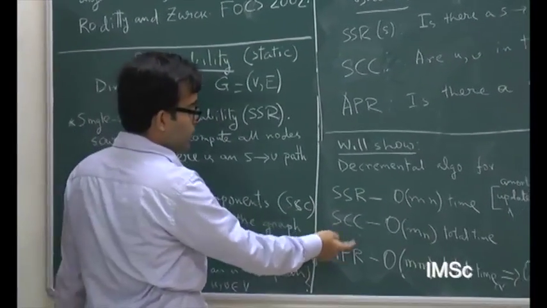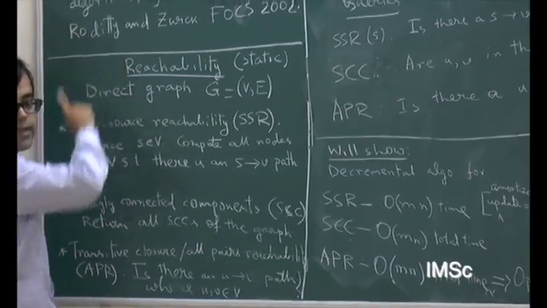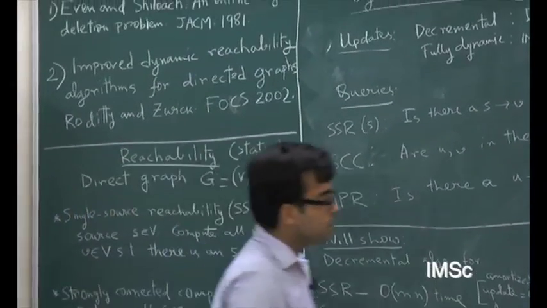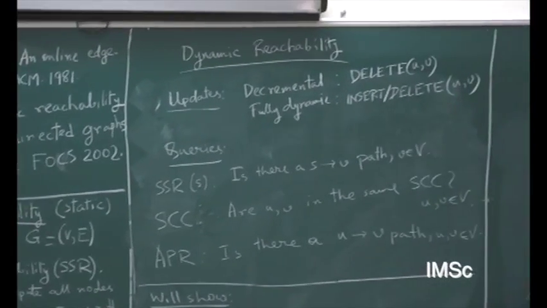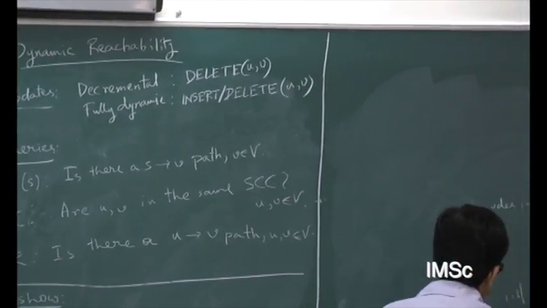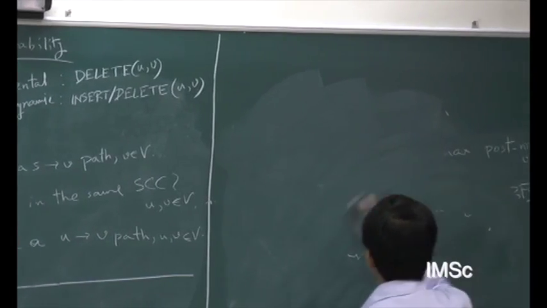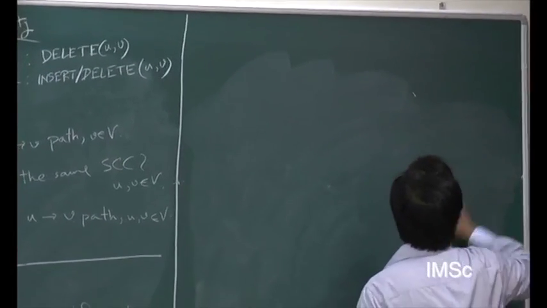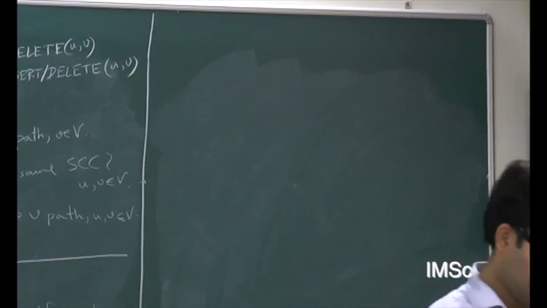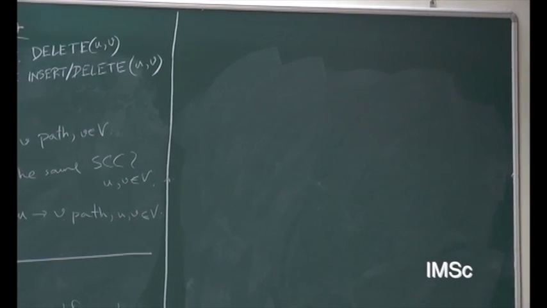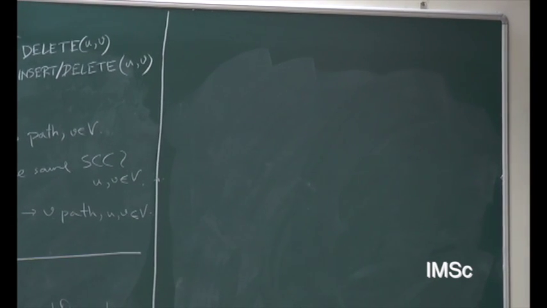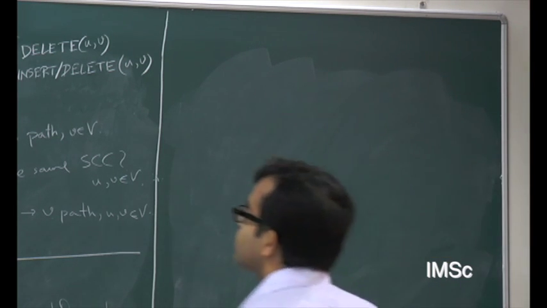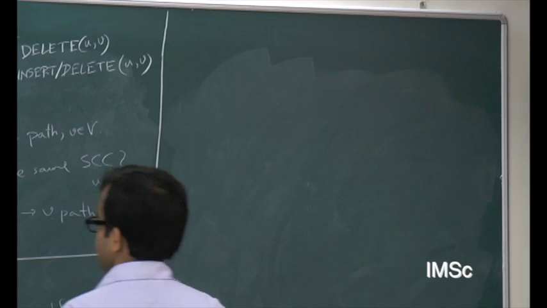And for strongly connected components and all pairs reachability, you need to look at the second paper. Okay, so I think maybe today we will just deal with the first paper, Even-Shiloach trees.